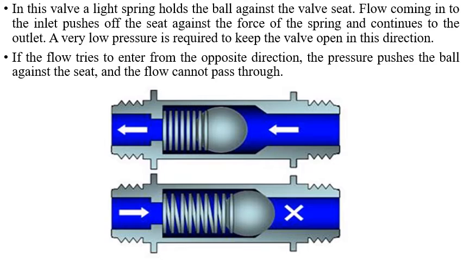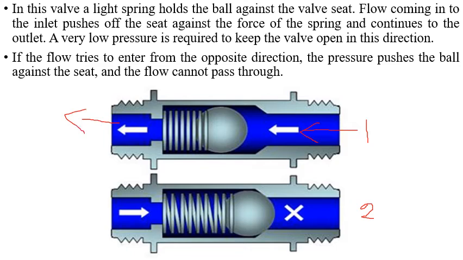Here you can see the operation of the ball type check valve. See, this is diagram number 1. Here the flow exists, and in diagram number 2, there is no flow. Look here, this is the inlet, and this is the outlet.